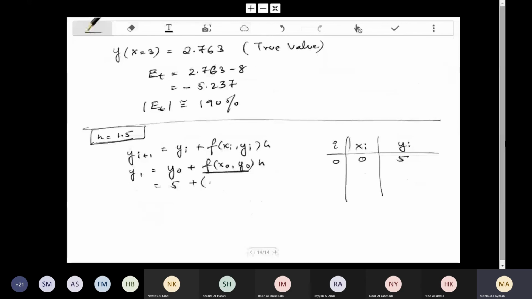So that is 3 times e to the power minus 0, that's x0, minus 0.4 times y, which is 5, times h, now that's 1.5. This gives us the value of 6.5. So we can write that down here. When i is equal to 1, x1 is xi plus h. So xi is 0 plus h is 1.5. And y1 we just calculated, we got it as 6.5.